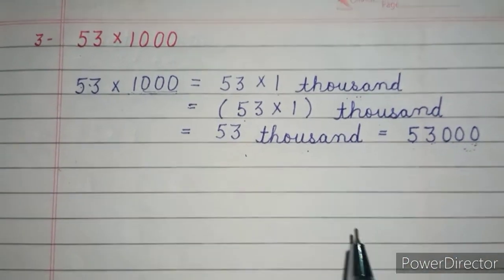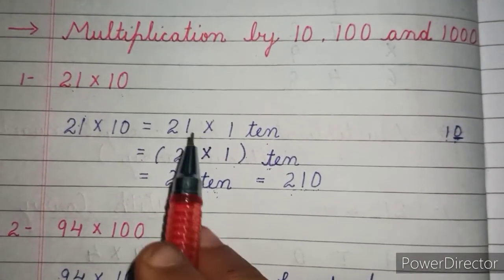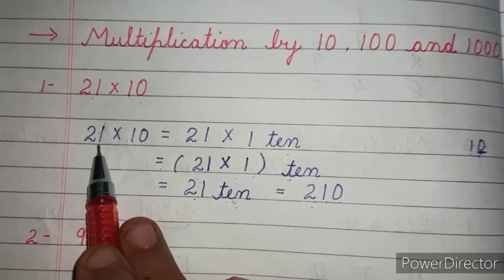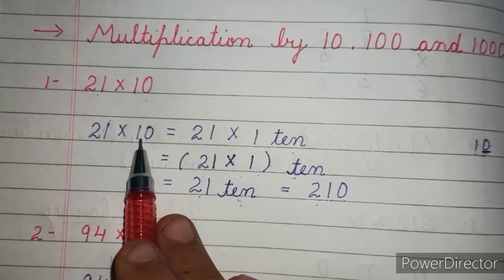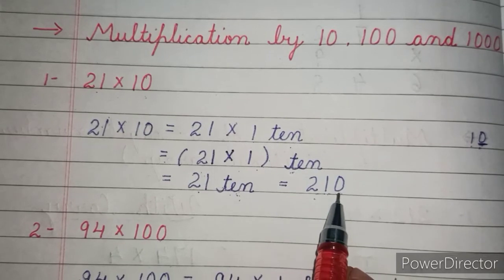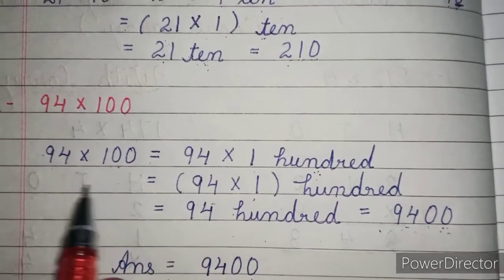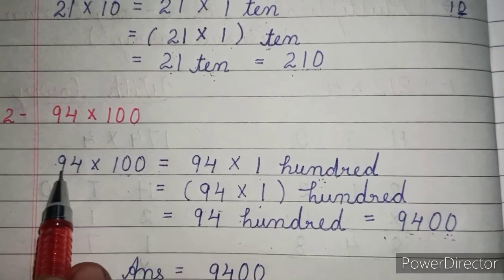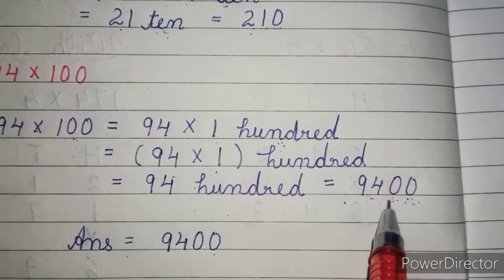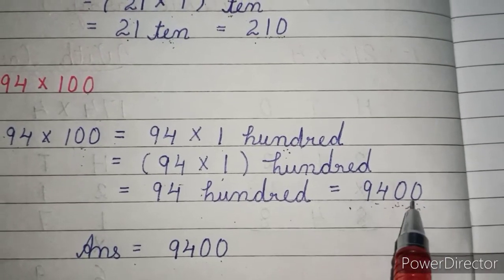Children, in this way we can say that when we multiply a number by 10, we have to put one zero to the right of the number. Okay? And when we multiply a number by 100, we have to put two zeros to the right of the number.